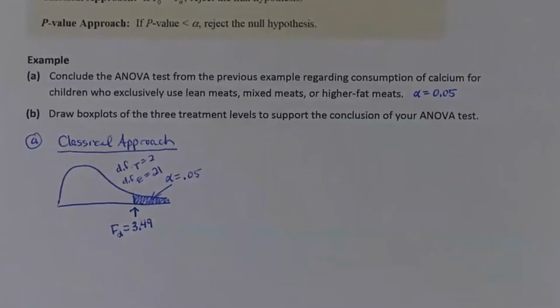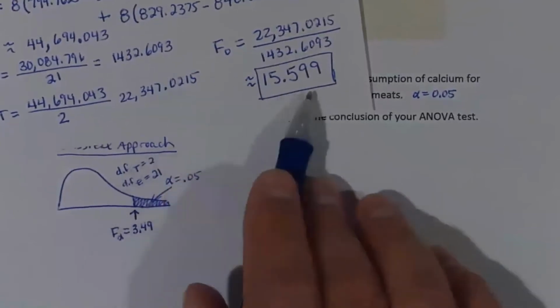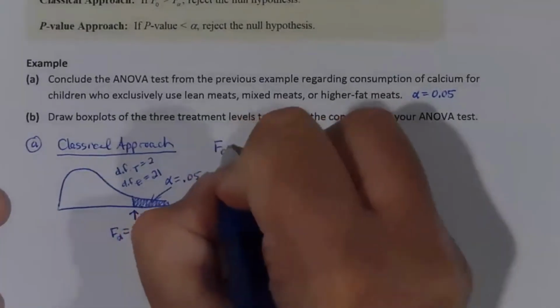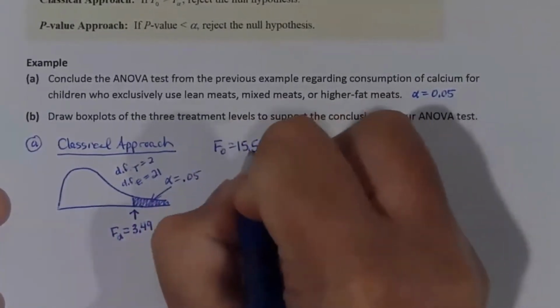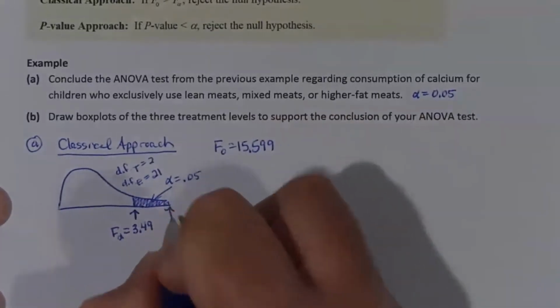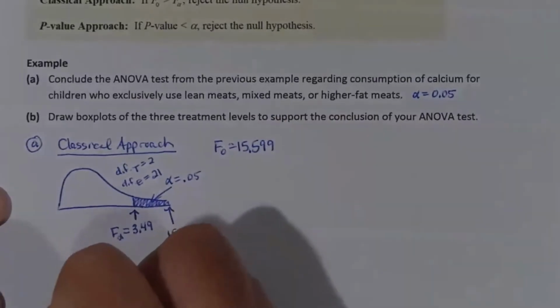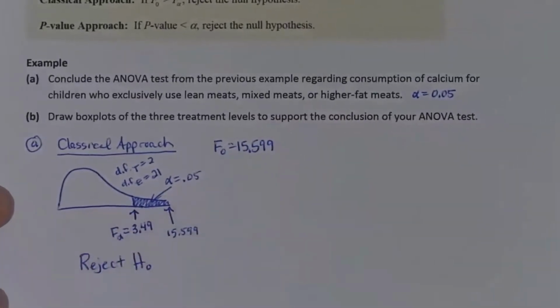Now, again, if I'm using the classical approach, remember our F test statistic is 15.599. So if F naught is equal to 15.599, that's going to be way over here to the right. So I'm going to reject the null hypothesis.